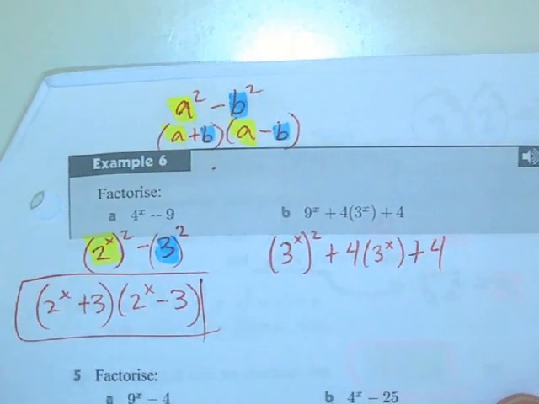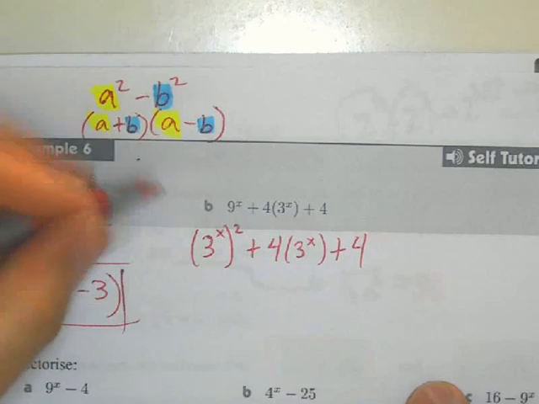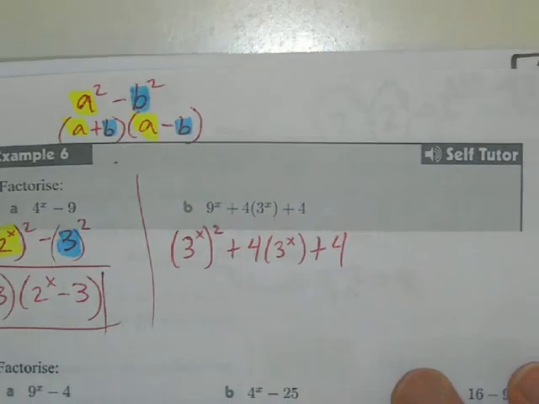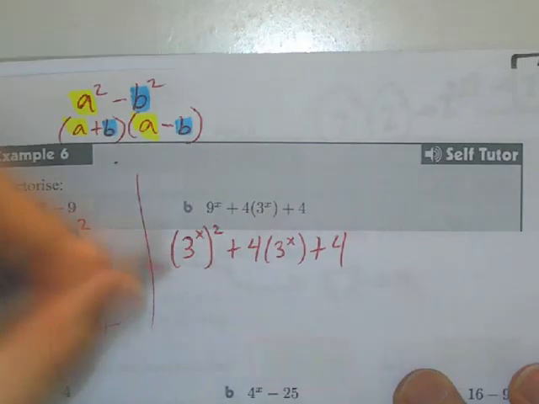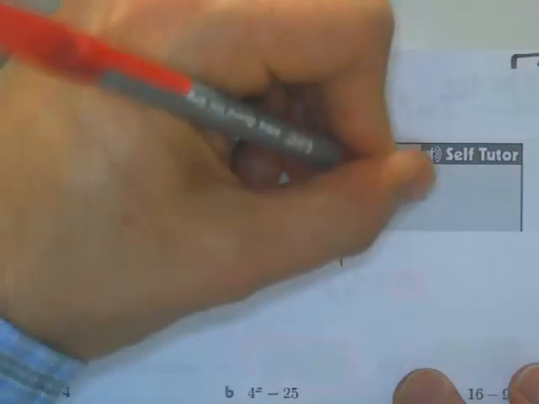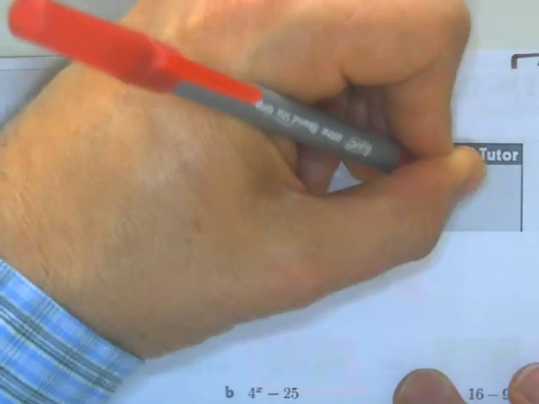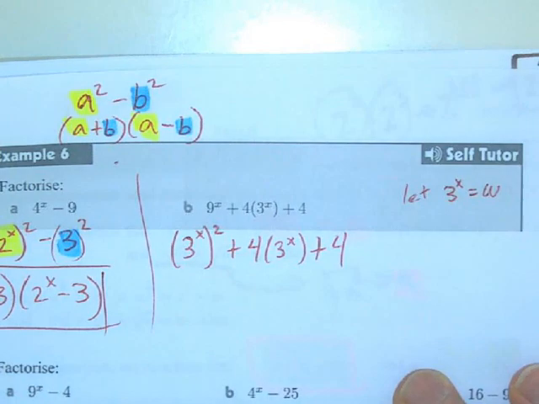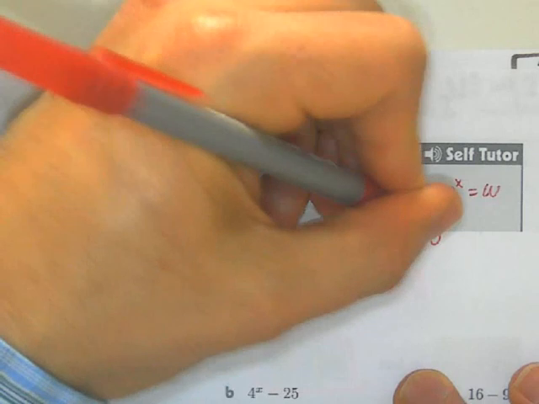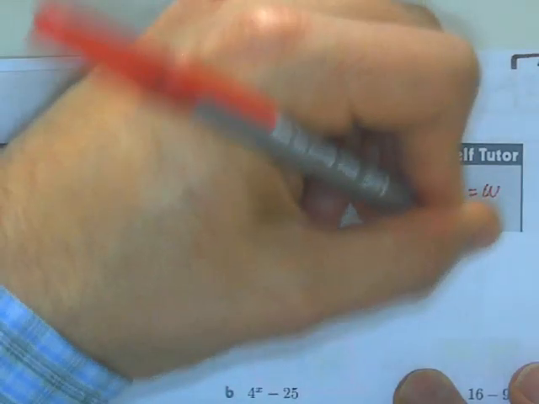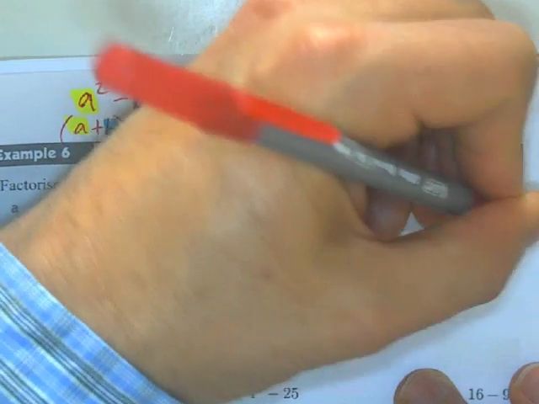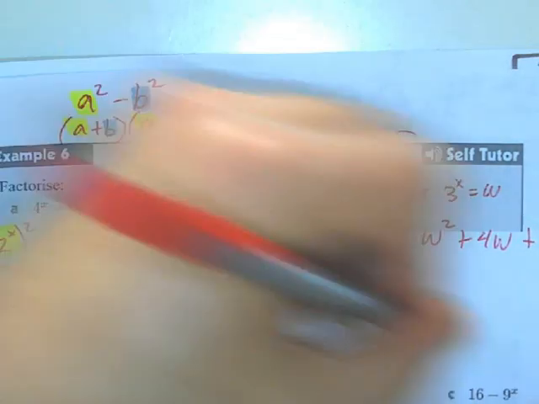So I think the easiest way to do this one is, let's just think of this as I'm going to let 3 to the x equal, let's call it w, right? So if I've got w squared plus 4w plus 4, how does that factor out?